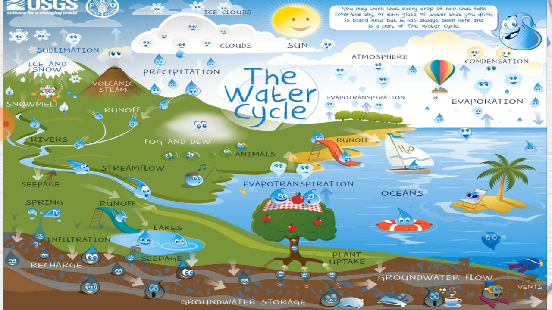When it is evaporated and condensed in the atmosphere, it can take various forms: clouds, which release precipitation, or higher ice clouds.